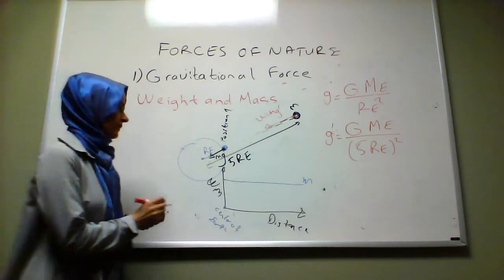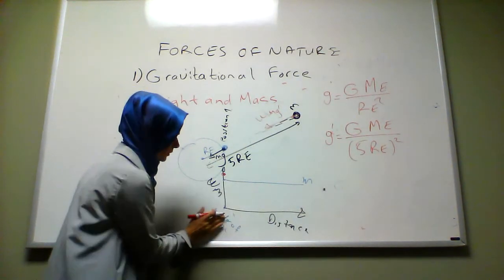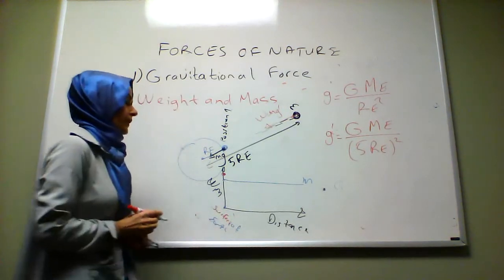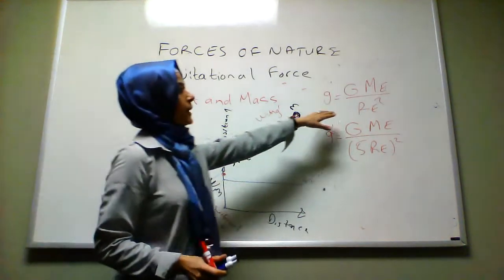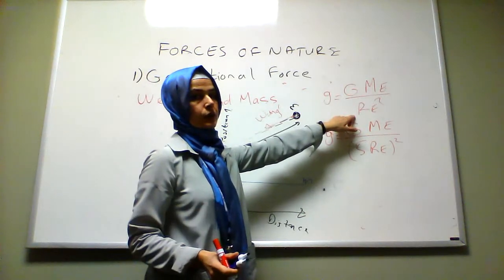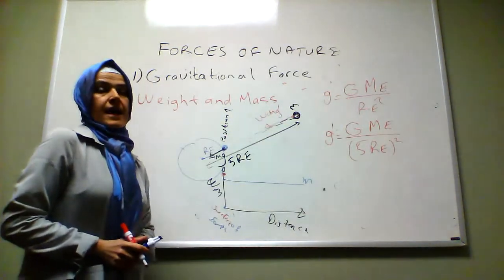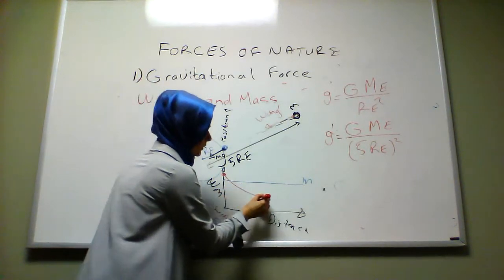But for weight, it has a value at the center of Earth, or on the surface of Earth, sorry, surface. Center is more complicated. As we go far away, since g is dependent on R Earth squared, mg will be decreasing. Inversely proportional to R squared, so it will be decreasing in this format.